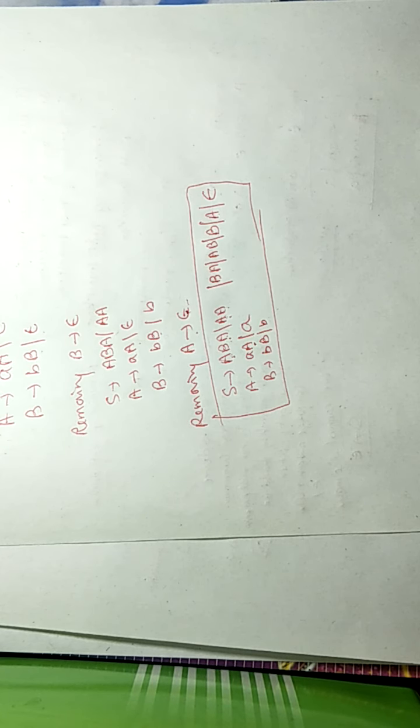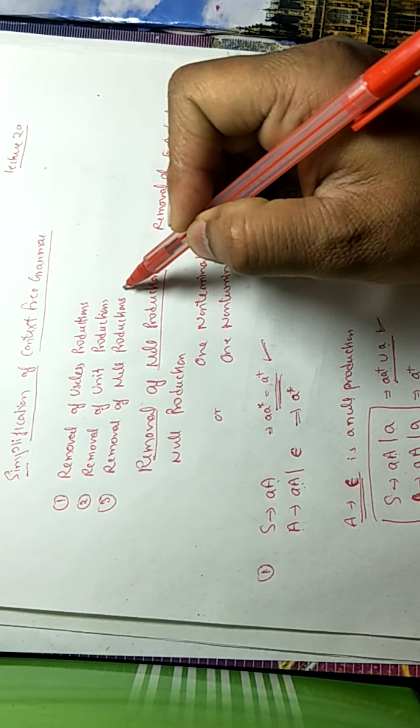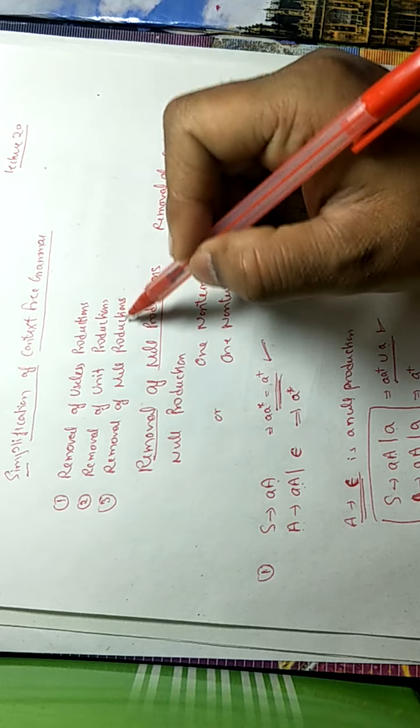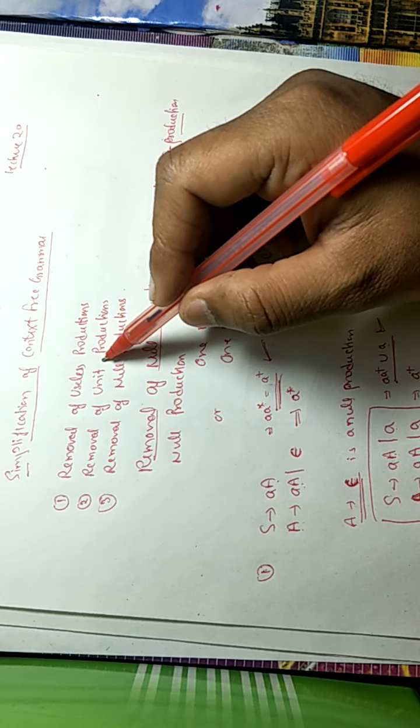You need to observe that after removing the null production we can get unit production, and in the previous lecture we have seen that after removing unit production we can get useless production. So in the case of simplification of grammar, we need to first remove the null production, because after removing null production we can get unit production.